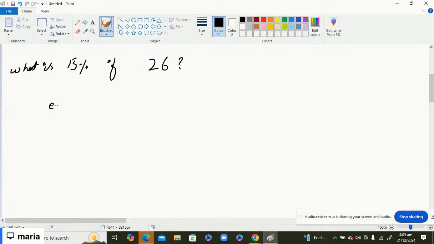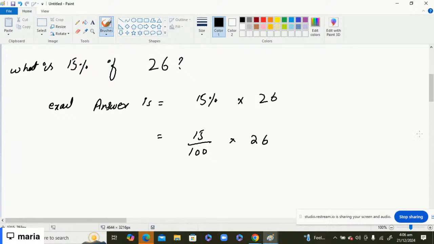So the exact answer is, first of all, finding 15% and then times 26. What is 15%? 15 over 100 times 26.